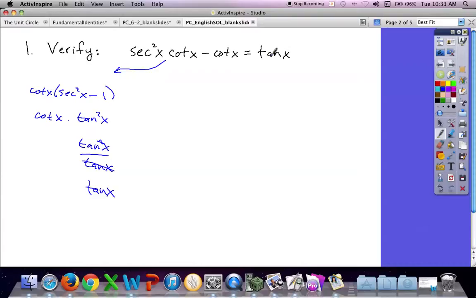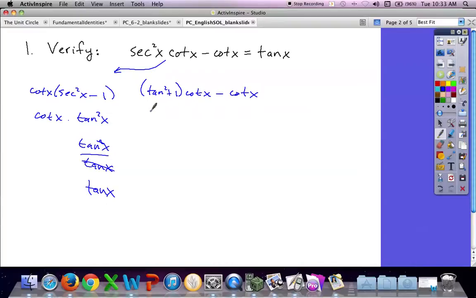Most did this. They said, I'm going to take this secant squared and substitute tan squared plus 1. Okay. And now I'm going to say this cotangent is 1 over the tangent.